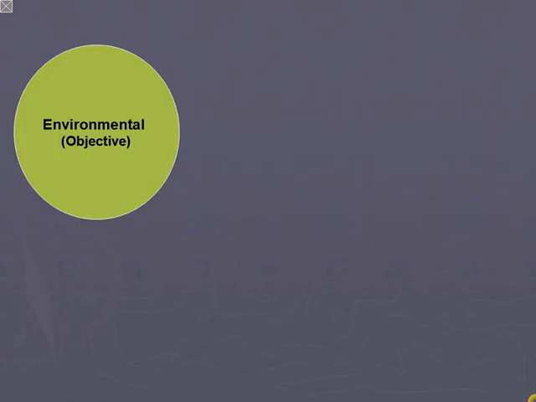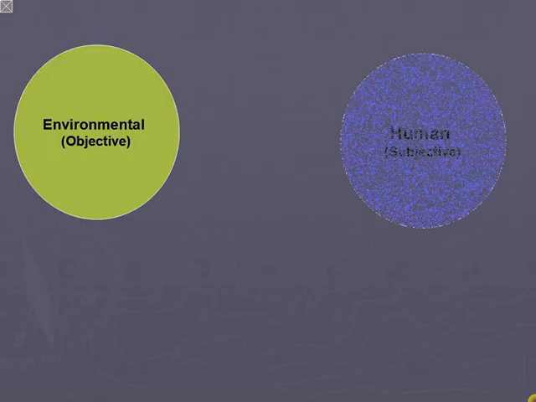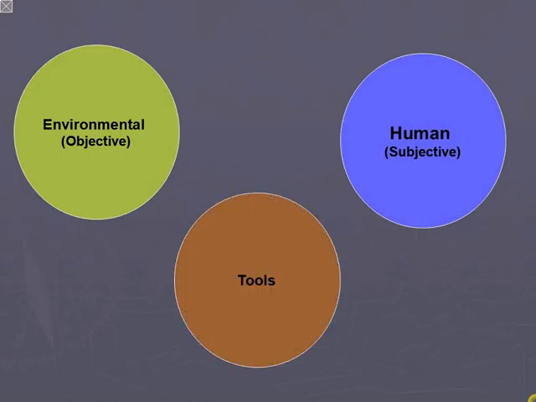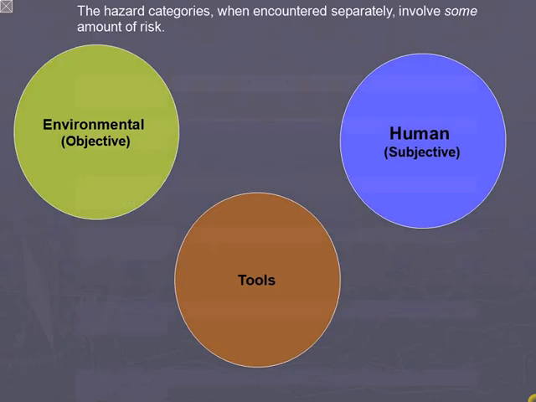We have been looking at the different hazards, how they relate to one another, and how they interact. When hazard categories are considered separately, they involve some amount of risk.